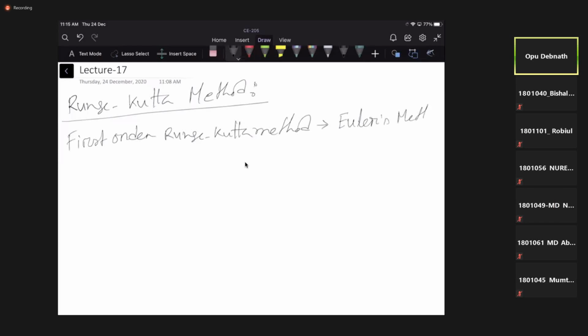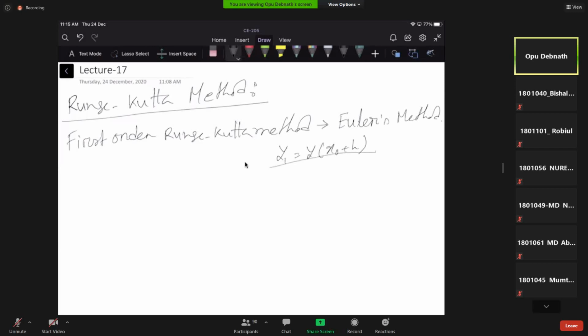That means the equation is as before, y1 is equal to y0 plus h times the function of x0, y0. So this is as before. Let's start, we will discuss from the second order.